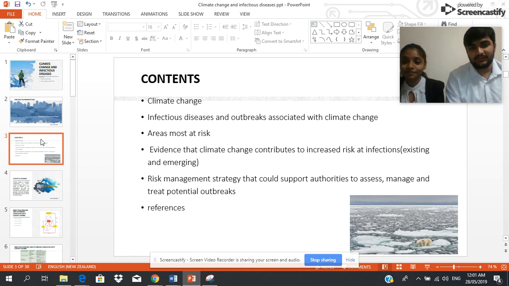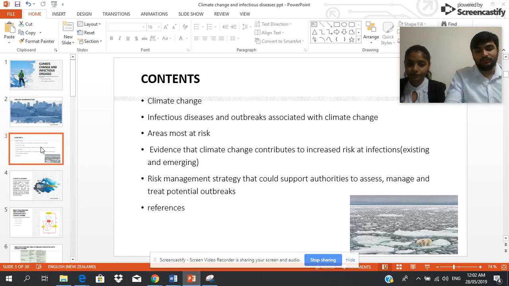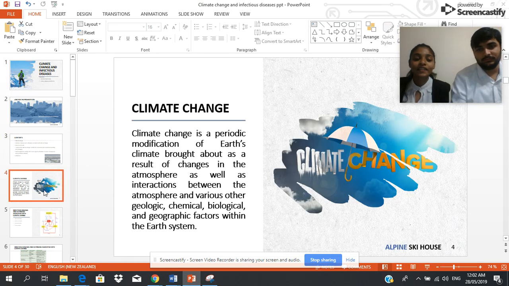Evidence that climate change contributes to an increased risk of infection will be discussed in my section, as well as some risk management strategies and frameworks which could support the authorities in assessing, managing, and treating potential outbreaks. Now, Lochana will continue with her part.